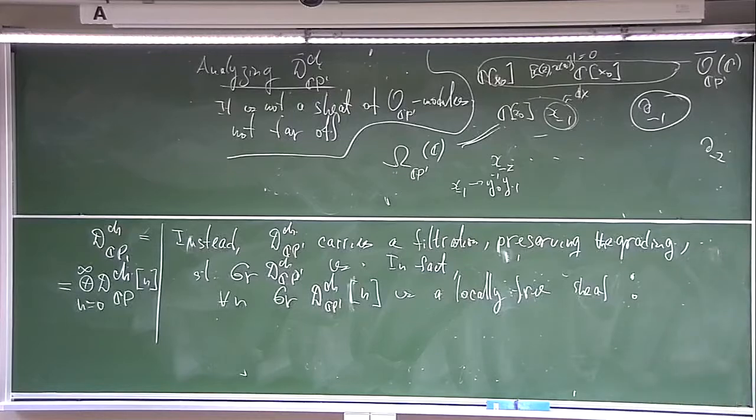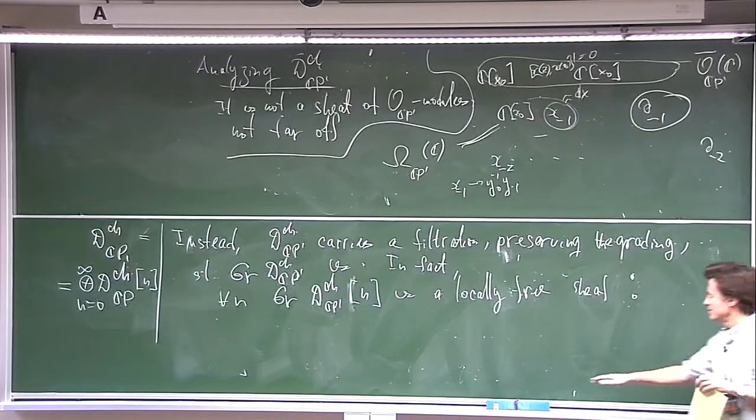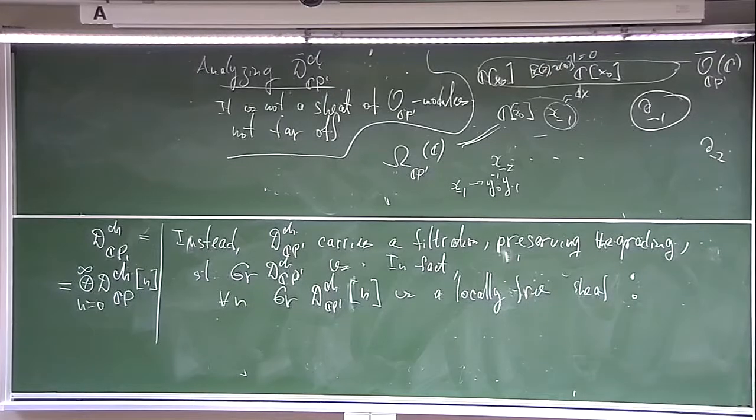I will show you exactly what it is. It took me so much time, but here is the picture that will tell the whole story. I already started telling you this story. So the upper level is the structure sheaf. The first level contains one forms.